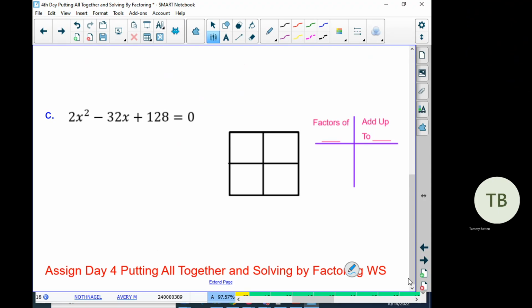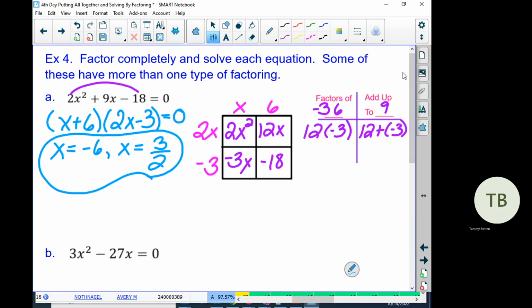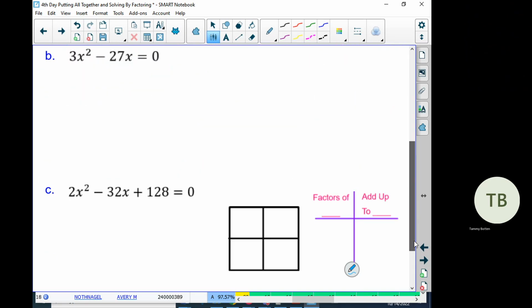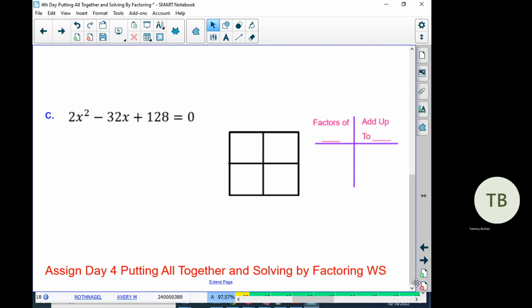You guys feel good about it? This one, you're going to take out a 2, and then you have that 2 out front, and when you go to factor it, if it's just a plain 2 out front and solve it, you don't have to worry about that 2. Everybody okay then after I give you the assignment?